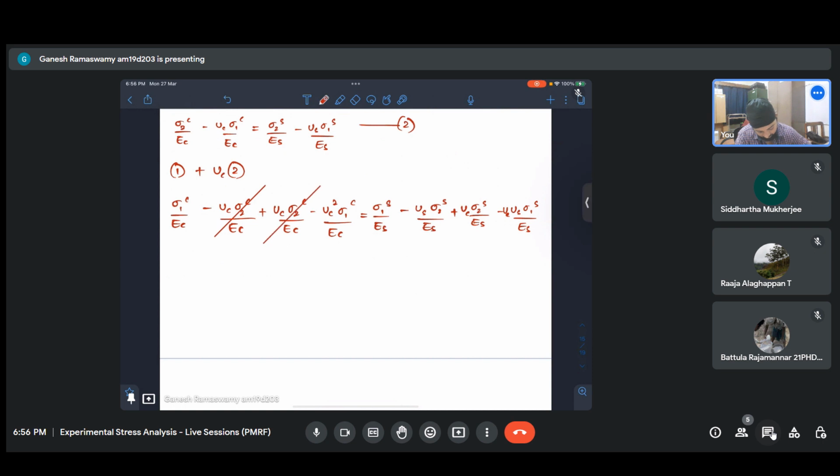So if I see sigma 1c into 1 minus mu c squared upon EC, if I were to take something common from that side, it will be 1 by ES. Okay, so this is sigma 1s into 1 minus mu s mu c minus, or rather plus, sigma 2s into mu c minus mu s.